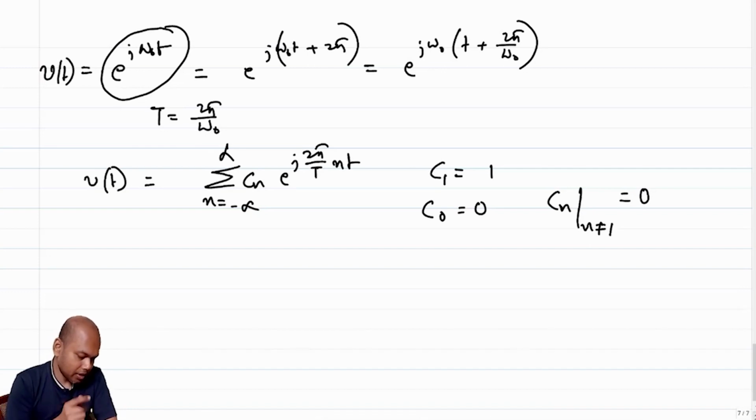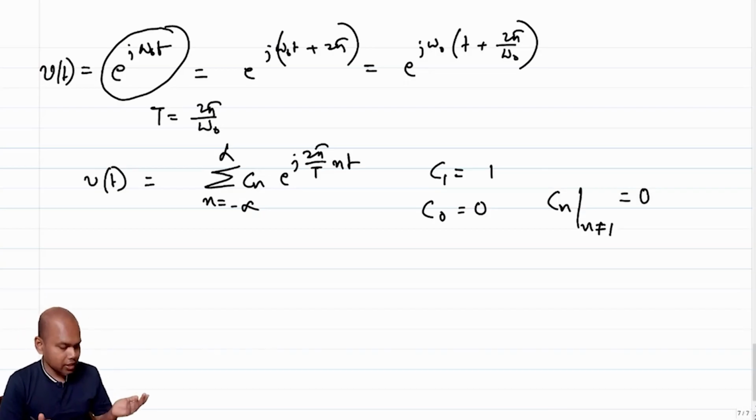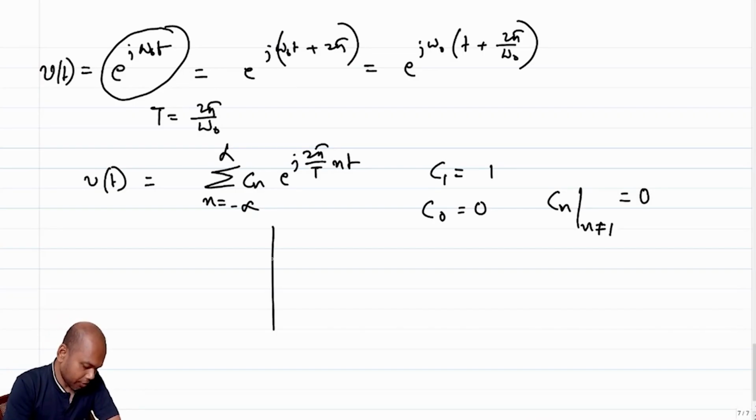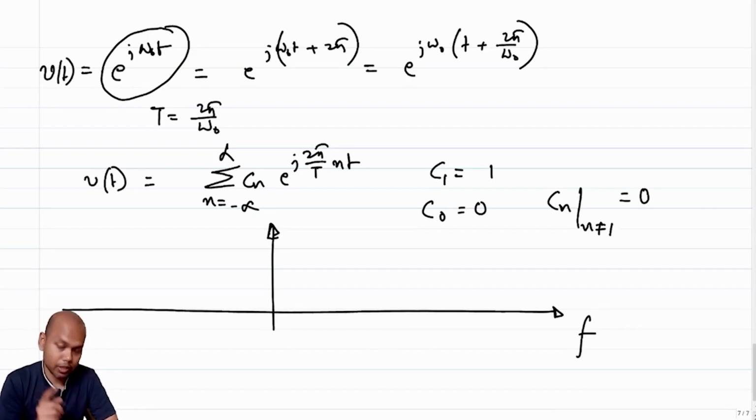What does this essentially mean? This means that a complex exponential has only one frequency component. So how do I express this in the frequency domain? When I say I want to express this in the frequency domain, what do I mean? I essentially have f here, and I am plotting the strength of the signal, not with respect to time.